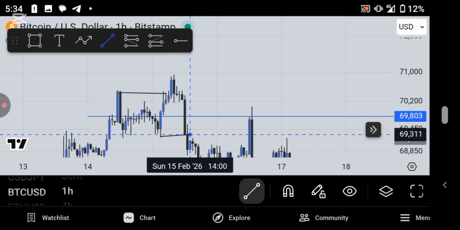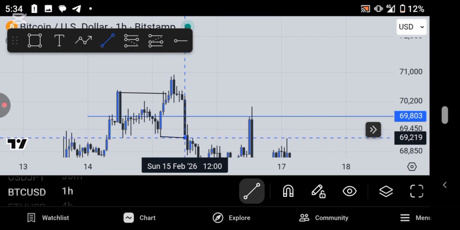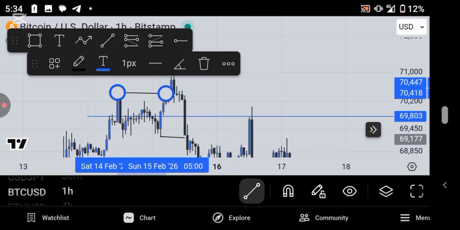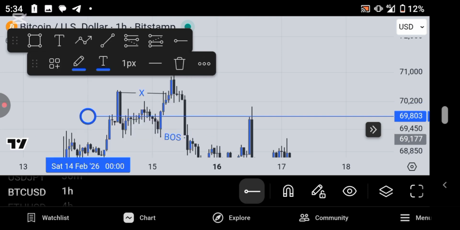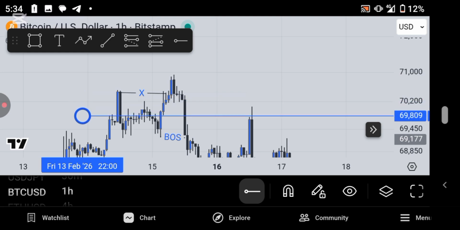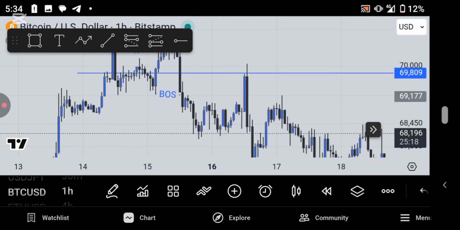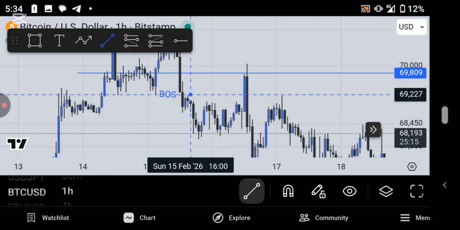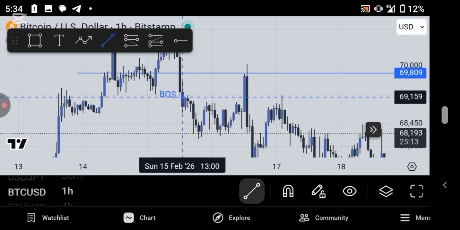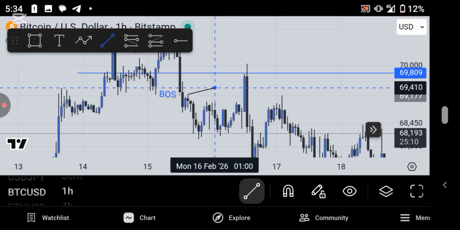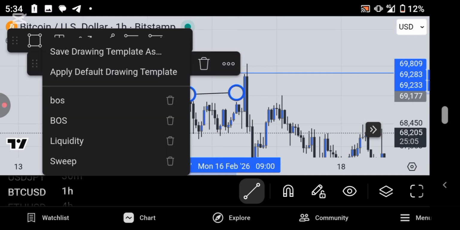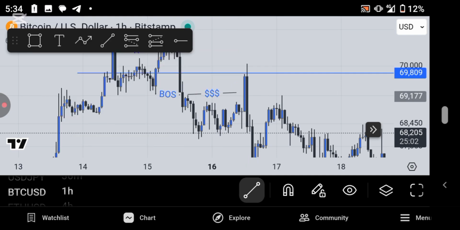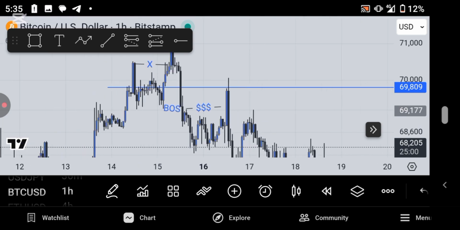It broke structure here, sweep liquidity, sweep, break structure, and I shifted this, and lastly leaves liquidity resting below our point of interest, our first pullback. So this is a high probability point of interest.